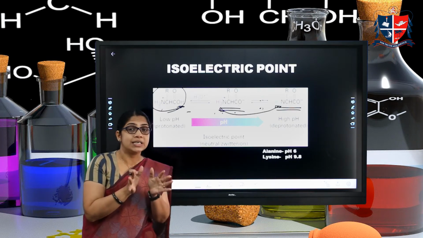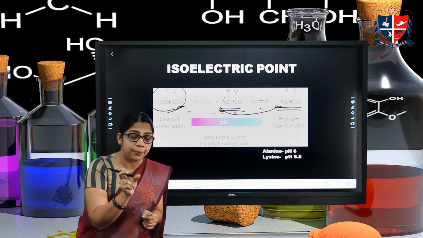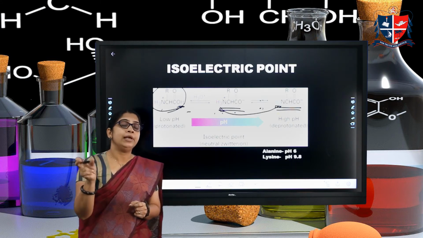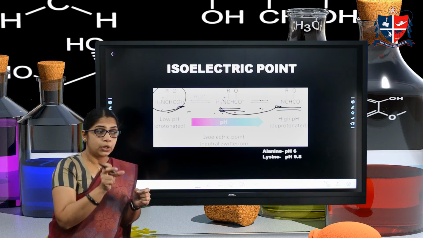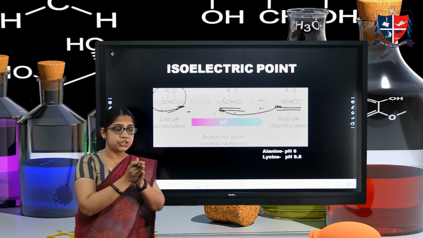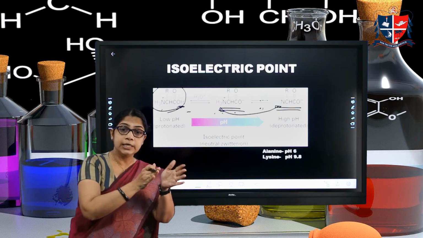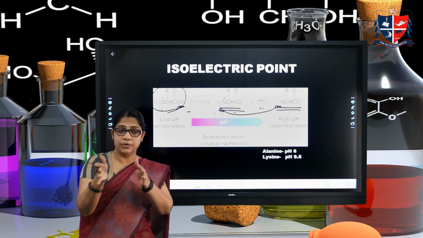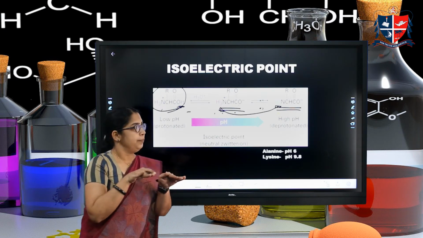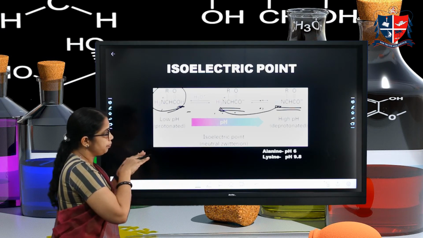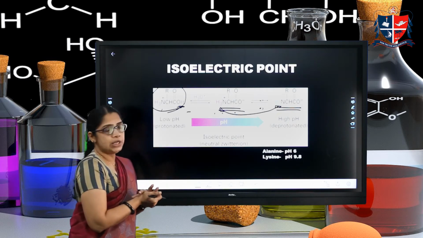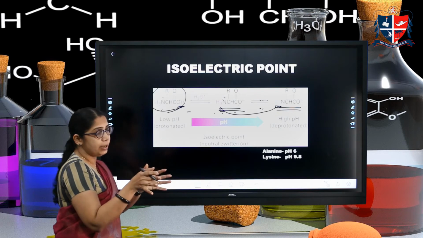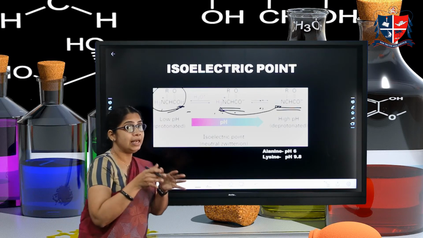That means it is neutral, and that particular pH is called the isoelectric point, because at that pH it carries no net charge. So at the isoelectric point, the amino acid remains neutral.